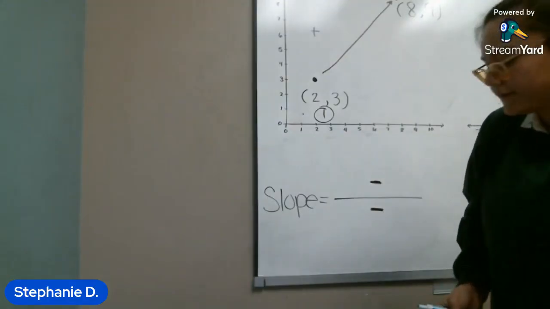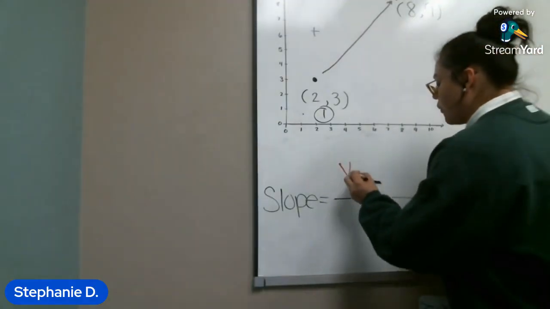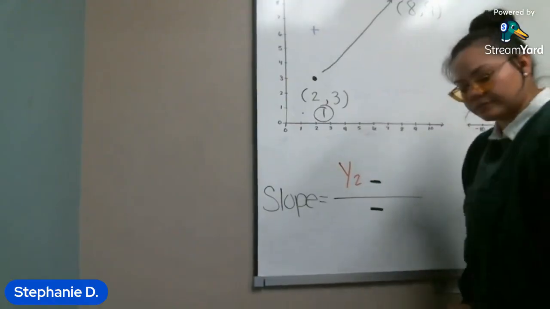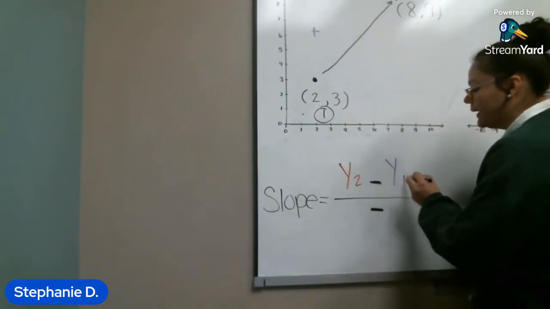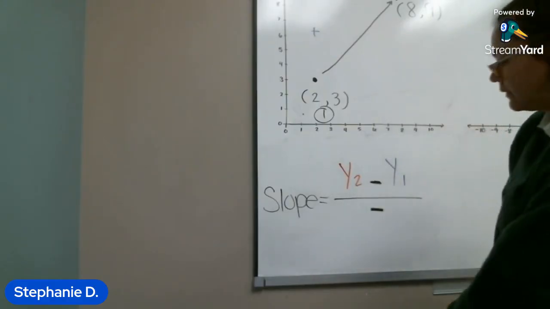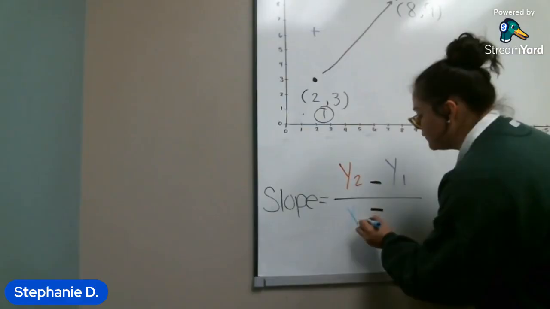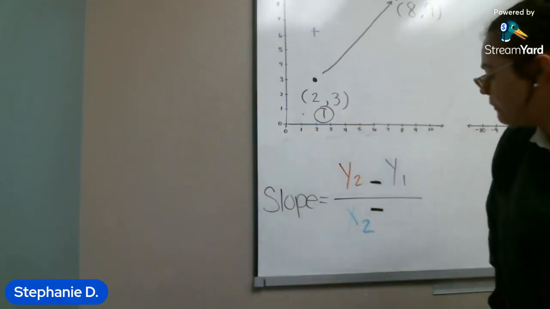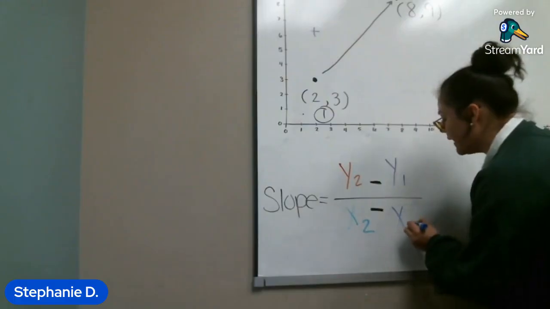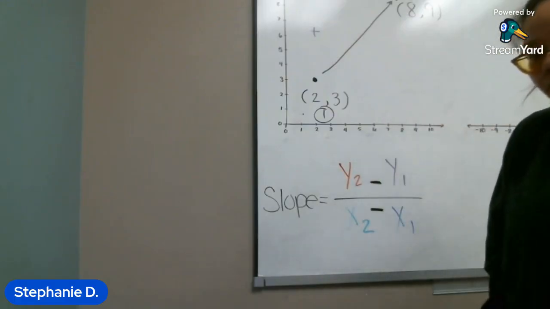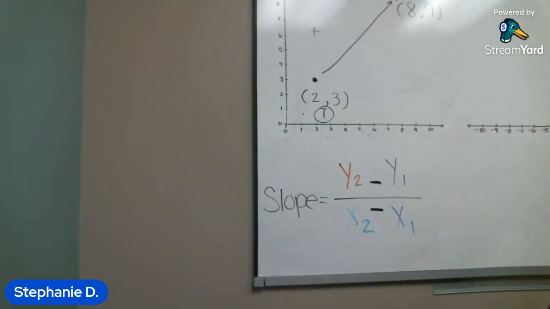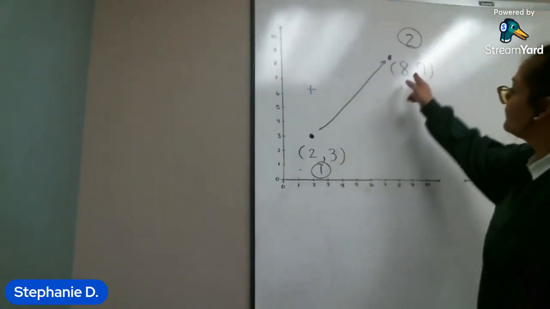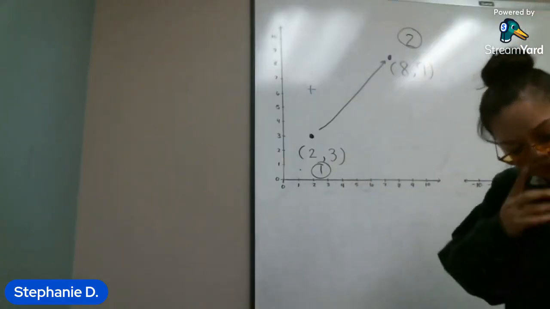Our formula is going to be y2 minus y1 over x2 minus x1. That is the formula we'll be following. We're going to use our two sets of points.